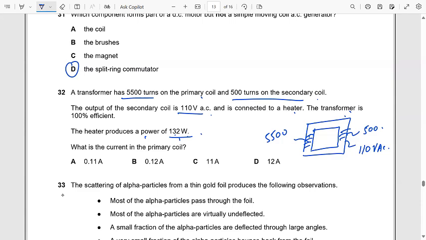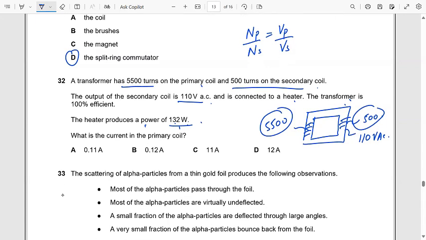देखिए, what you'll do is, ये आपके पास 5500 टर्न्स हैं प्राइमरी कॉइल पे और 500 टर्न्स हैं सेकेंडरी कॉइल, ठीक है। तो you will apply the formula NP over NS is equal to VP over VS. आपको प्राइमरी की वोल्टेज चाहिए जो आपके पास नहीं है, ठीक है। तो बताइए, so what is NP? 5500 and NS is, VP is, we don't know, VS is 110.